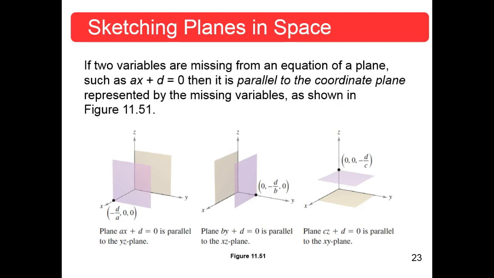All right. Now, if two variables are missing from an equation, for instance, there's no y, there's no z in it, x is equal to something. Well, it's like ax plus d is equal to 0. So x is equal to minus d over a.